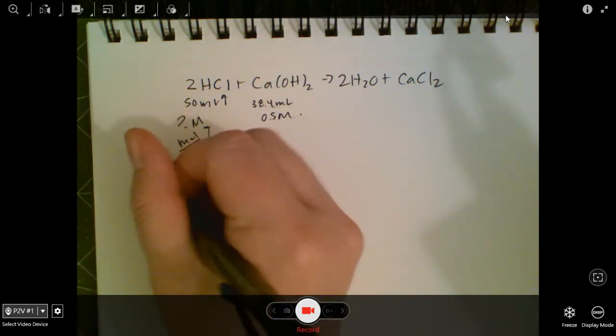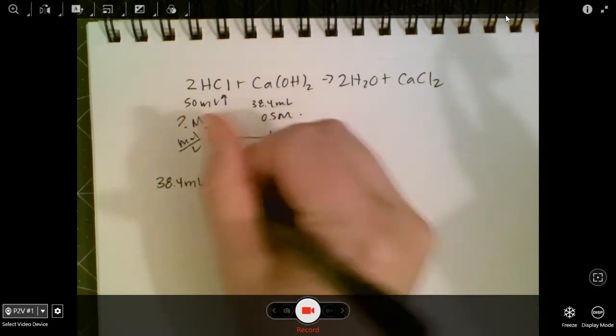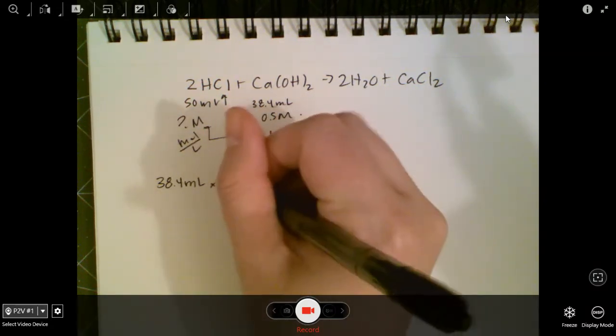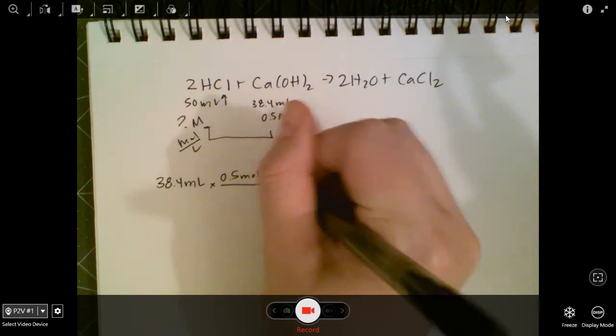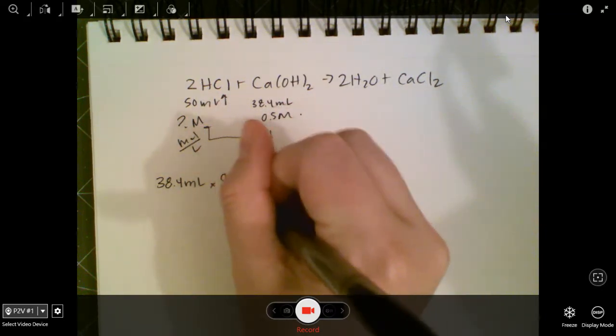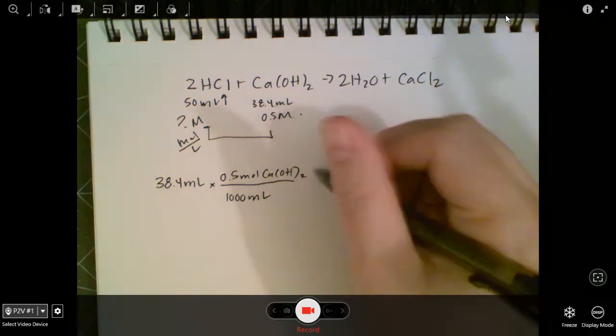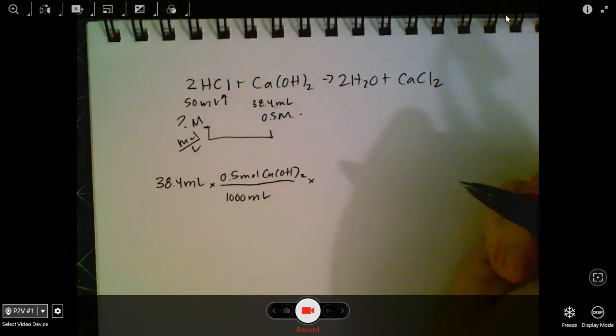So I have 38.4 milliliters of my calcium hydroxide times the molarity, 0.5 moles of calcium hydroxide over 1,000 milliliters. Like I've told you a bazillion times before, if I take molarity times volume, I get the moles. So here I've got moles of calcium hydroxide.